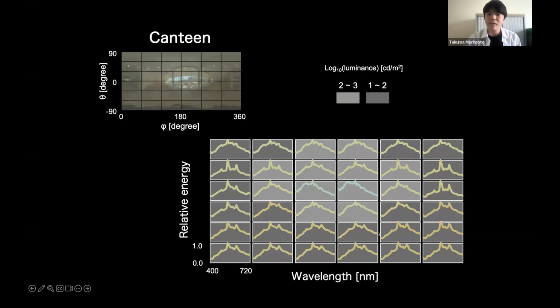This part of the environment has higher intensity, which corresponds to the large windows here. And around here, the spectrum shape is a mixture between daylight and fluorescent light, so it's a little bit different compared to others. Other indoor scenes showed more or less a similar trend.